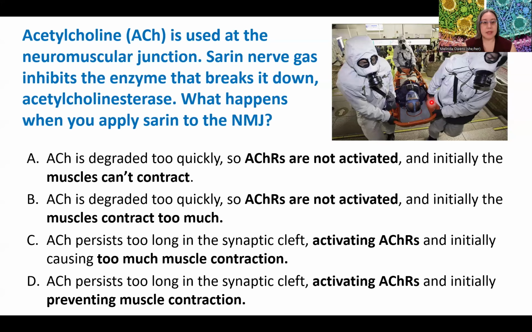Okay, so we're down to C and D now. If the acetylcholine is in the synaptic cleft, it will activate the AChRs, which stands for acetylcholine receptors. It will activate those, and that will cause too much muscle contraction. And so that is C here.